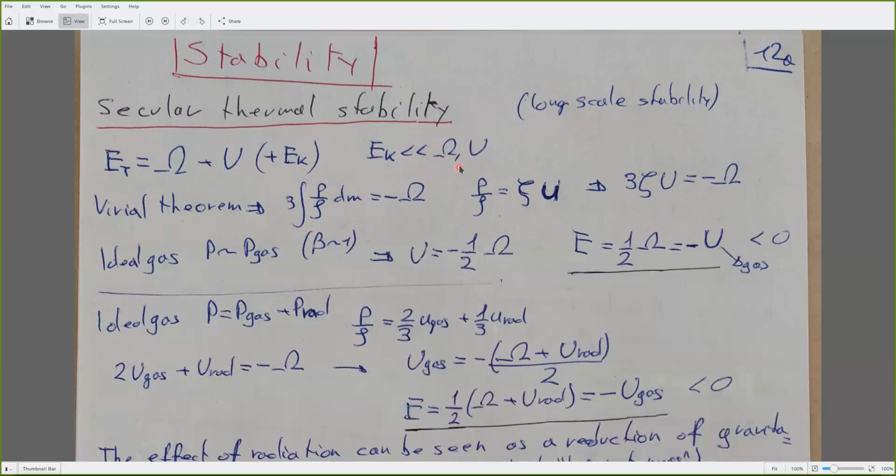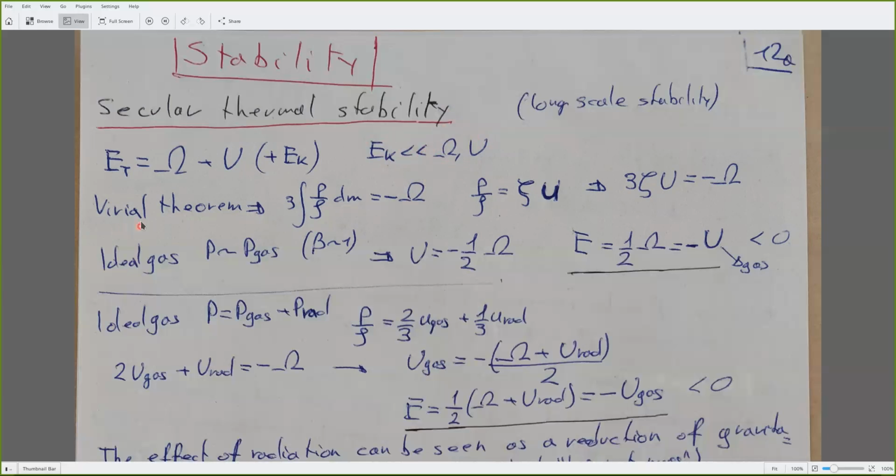This is actually in absolute value, since the potential omega is negative, going to minus infinity, while the internal energy is positive.